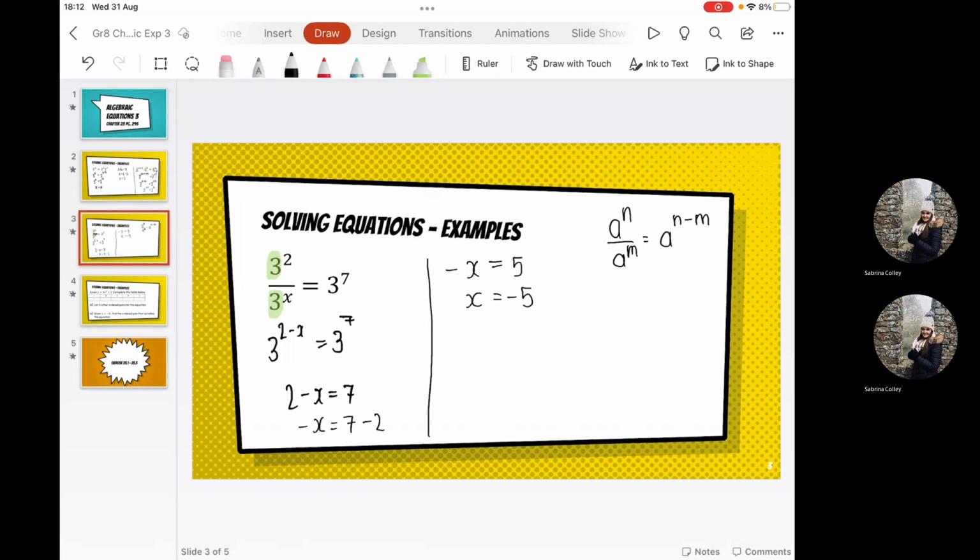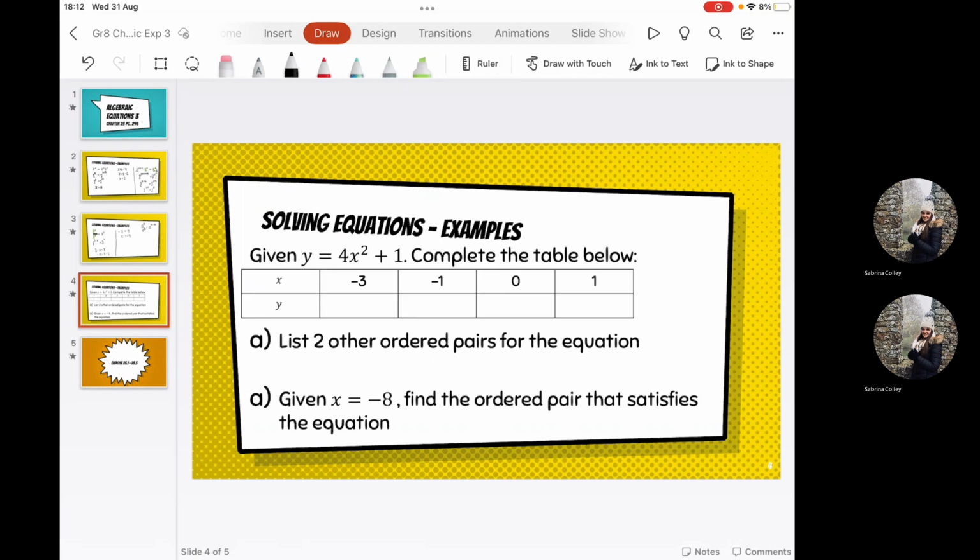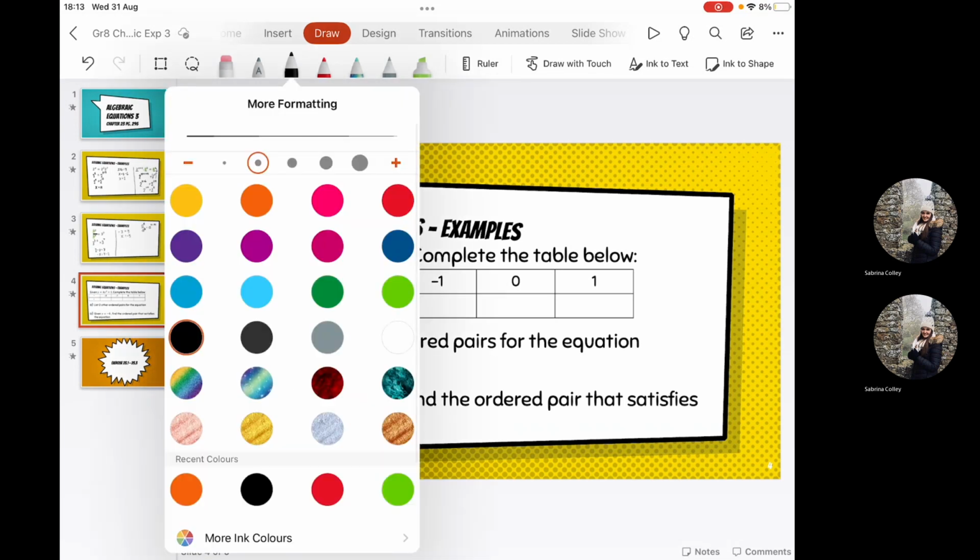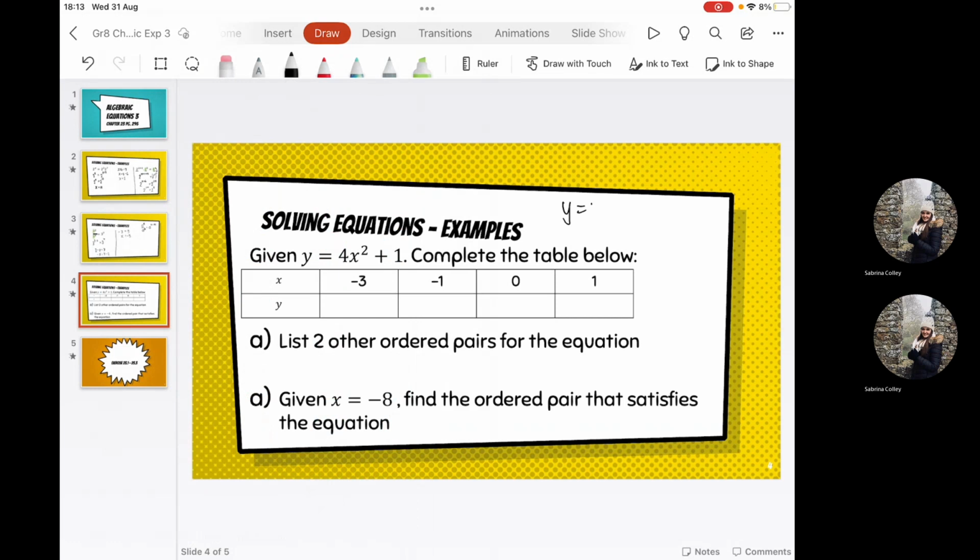Okay, let's look at this example here. Given y is equal to 4x squared plus 1, complete the table below. So this is with your functions. If my input is negative 3, what will my output be? So y is equal to 4, and instead of x, I'm going to put negative 3 squared, plus 1. That would be 4 times 9 plus 1, which is 36 plus 1, which is 37.